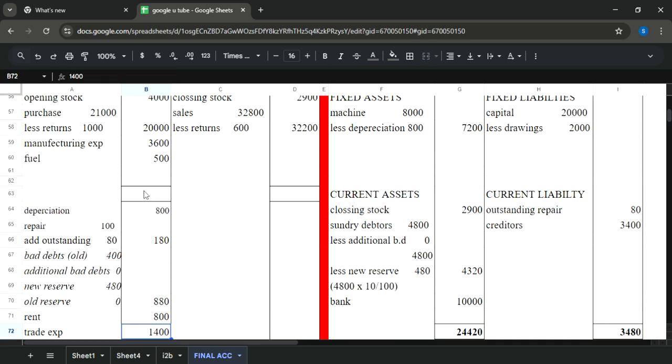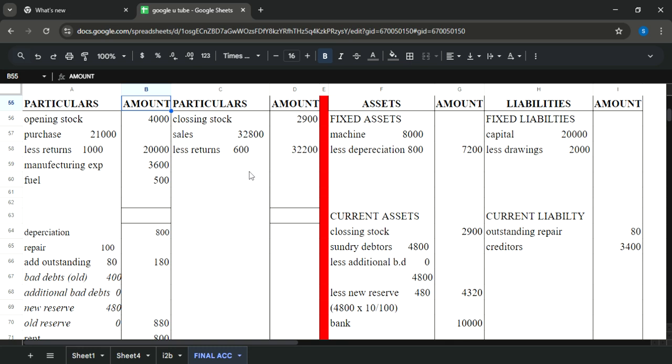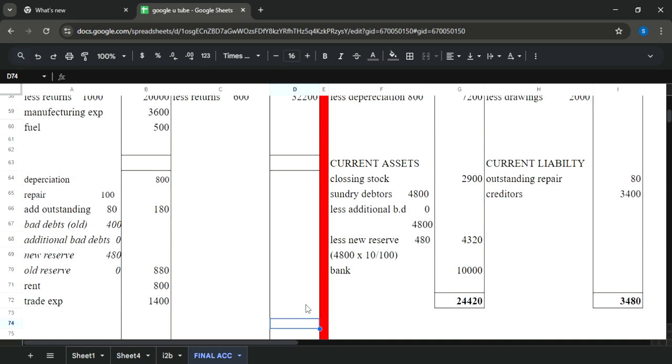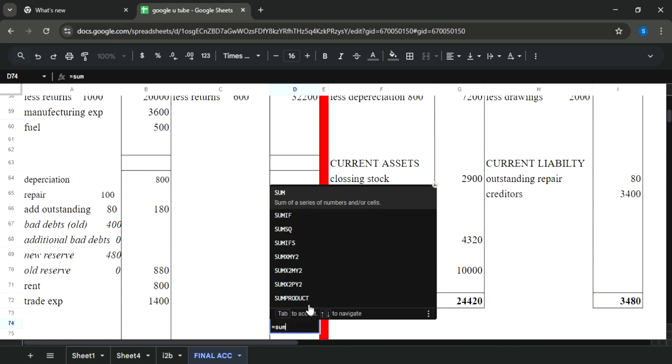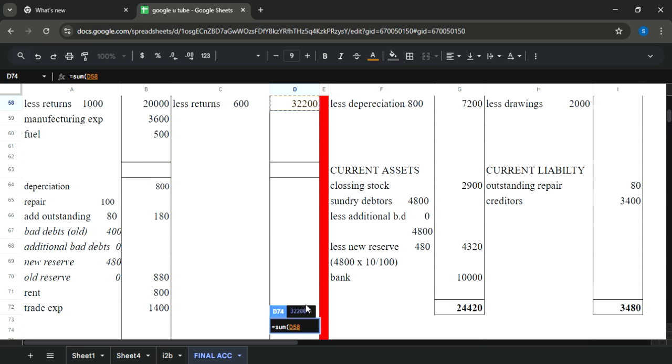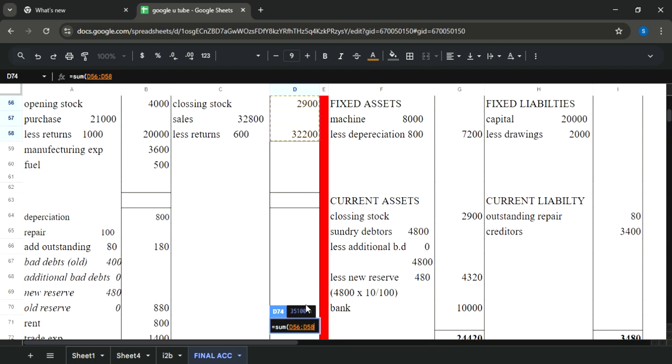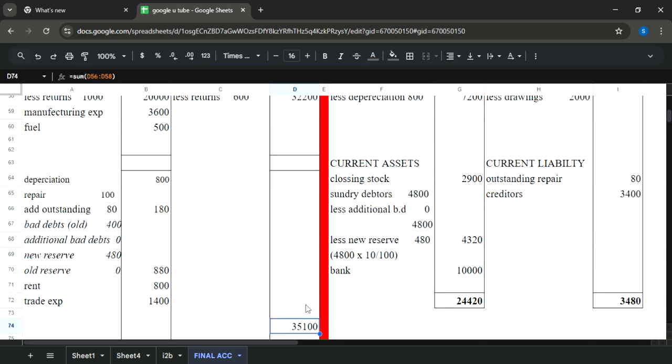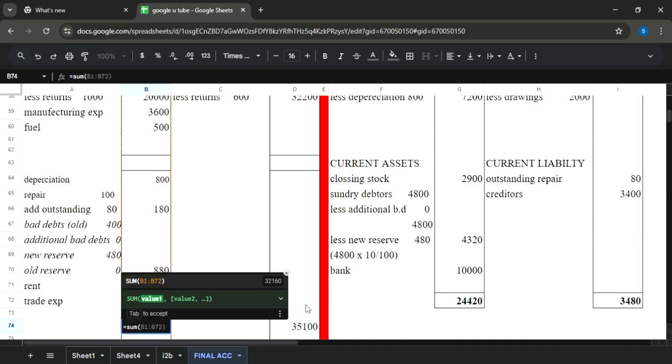Now we can start our calculation for gross profit. For that purpose, we will take the sum of both sides as our first step. So this space for the time being we will use to calculate the sum of the credit side, and we have only two amounts present on the credit side, the direct income. Here you will take the sum of all direct expenses.